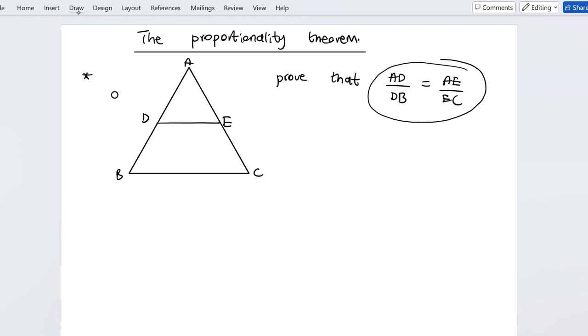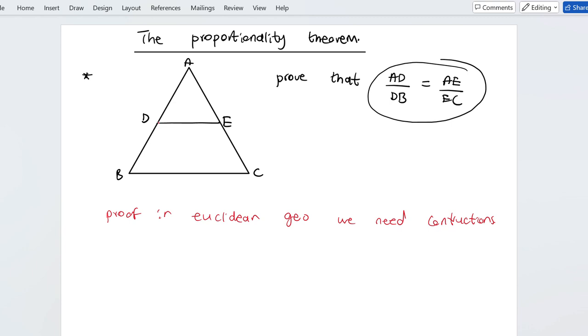So the first thing that we're going to do is to construct lines. Like many proofs in Euclidean geometry, we need construction. So you must draw lines before you proceed with your proof.